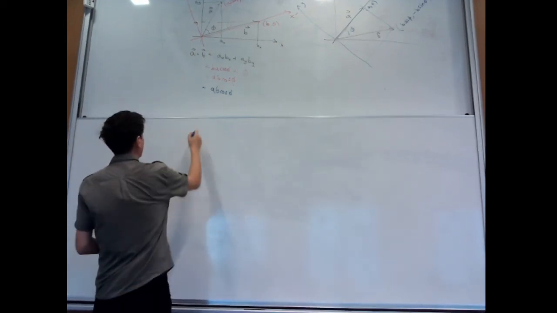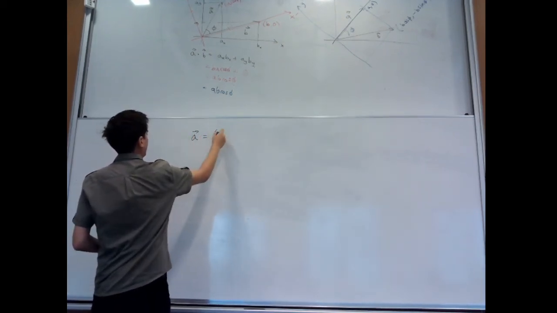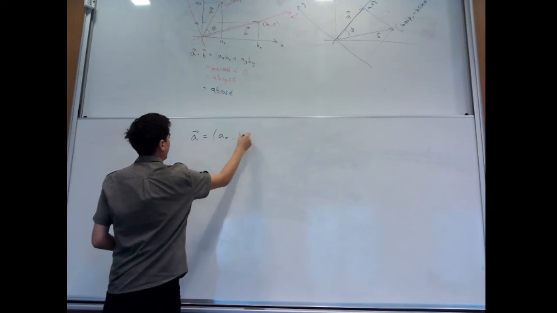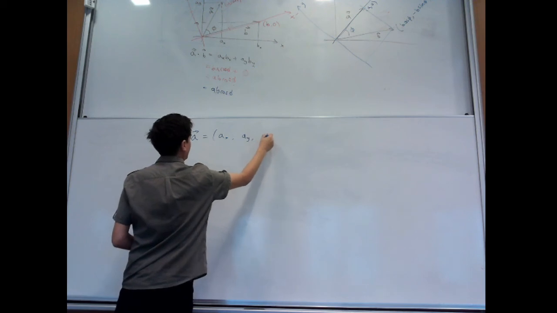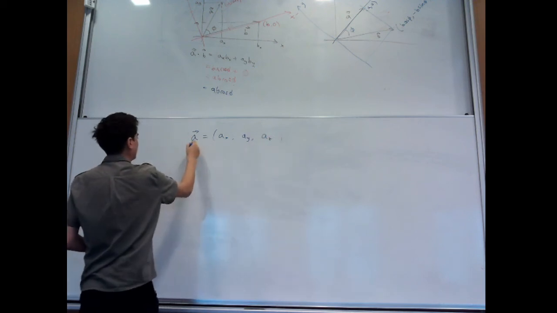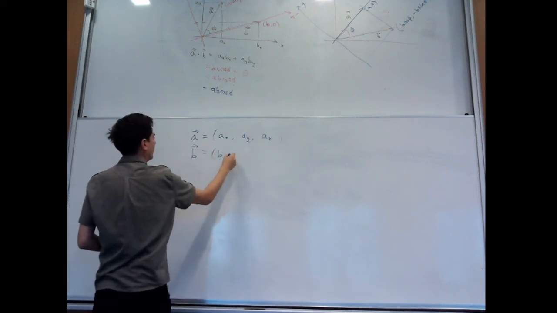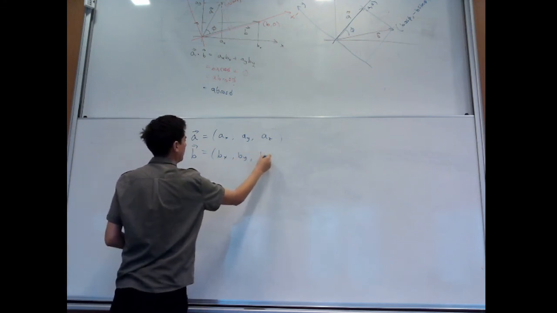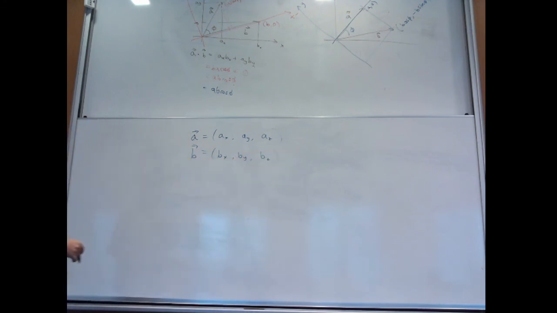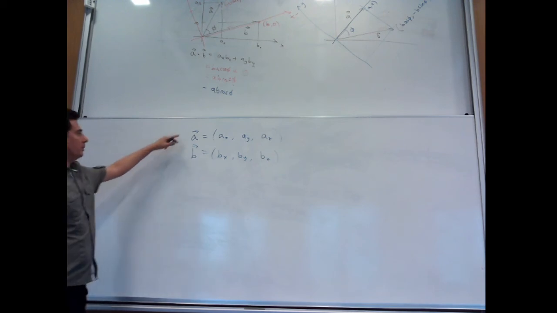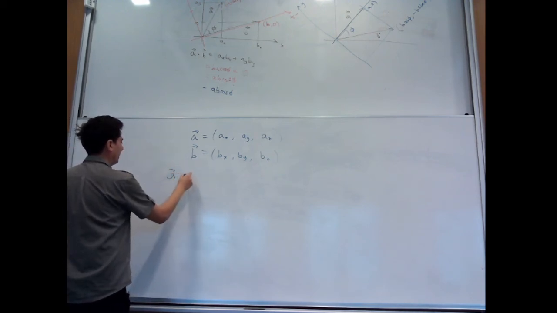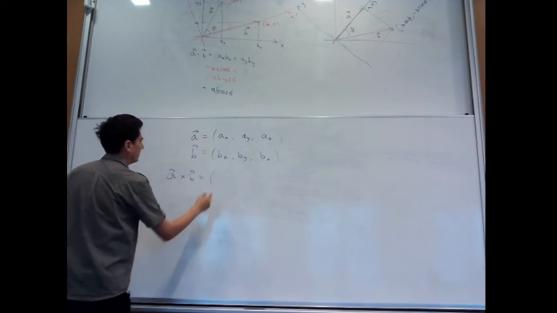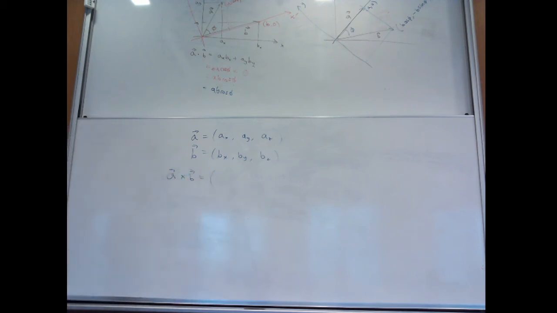Okay, so we've got 2 vectors, AX, AY, AZ, BX, BY, BZ, okay? And we're going to multiply these 2 vectors according to the vector product. And there's this really weird thing that you do.